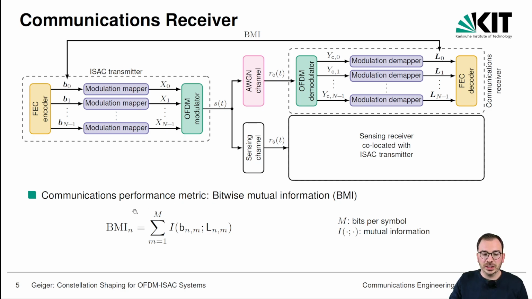And then finally, we calculate the bitwise mutual information as a performance metric, since the bitwise mutual information is an achievable rate in practical bit-interleaved coded modulation systems. So we use the BMI to assess the impact of the constellation on the communications performance.